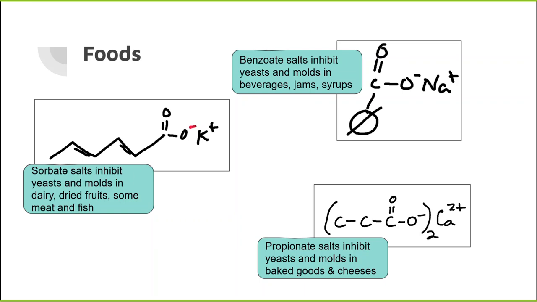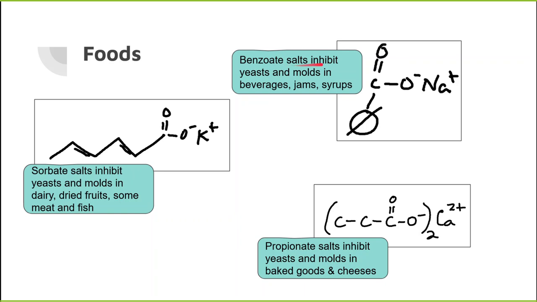And you've got a negative charge here. And we've got a potassium ion. These are called sorbate salts. And what these do is they will react with the yeast and molds instead of the food reacting with them. So this causes your food to last longer if it's added in.